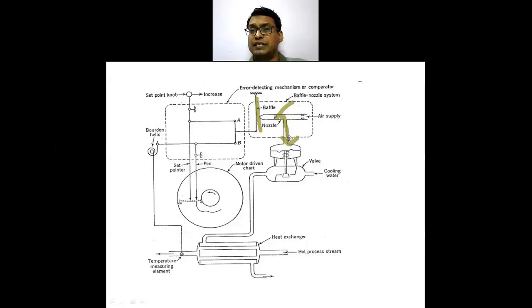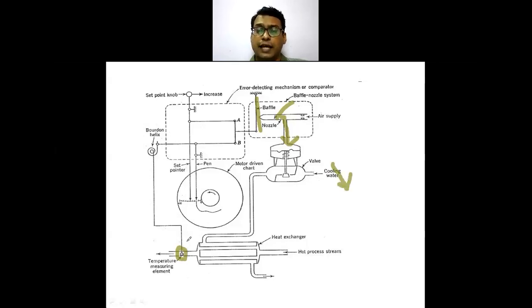So one has to understand this flapper and nozzle arrangement, where the supply going out from this nozzle decides the amount of pressure which will be supplied to a control valve. Now, if this temperature is lower than my set point, then I have to reduce this water flow rate.